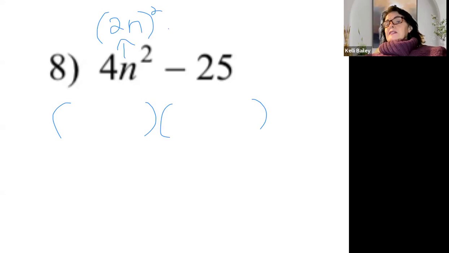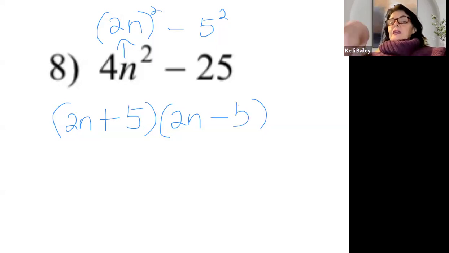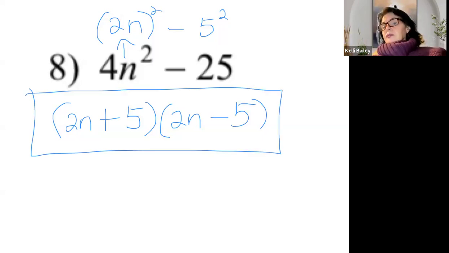And then minus 5 squared. So my first term is 2n. And then plus minus or minus plus. I'm going to do it both ways so y'all know it's okay. And then 5 and 5. And if you need more clarification on that, we can talk later.